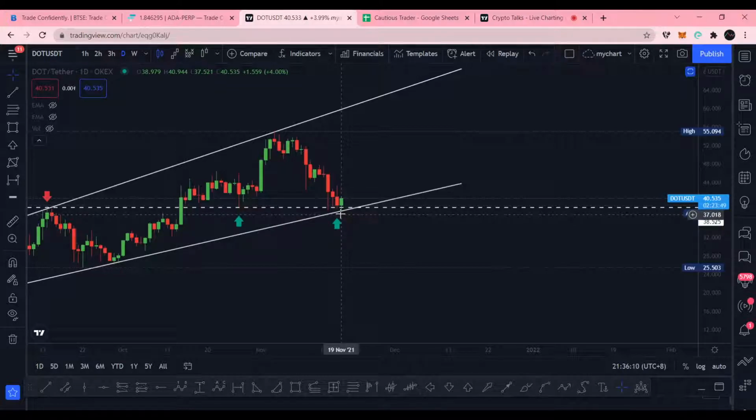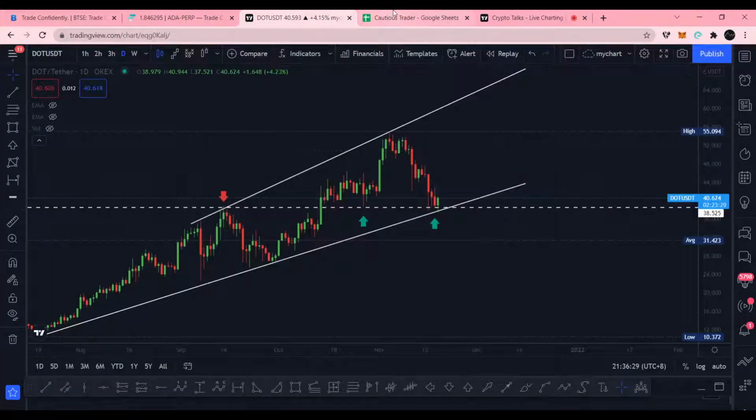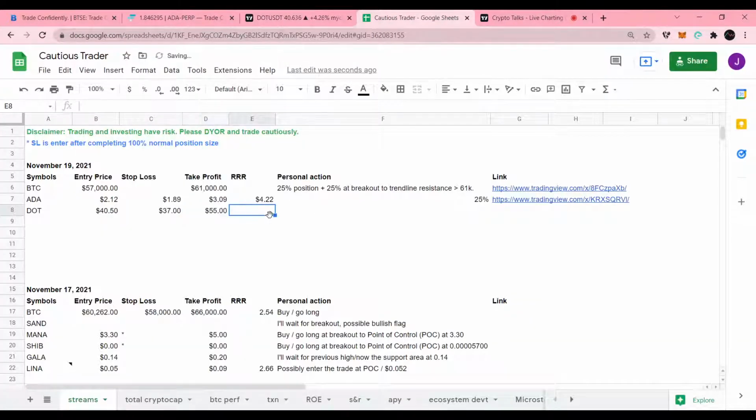The wick here is 37.52, that's the lowest. So I might possibly use 37 as a stop loss if it's 100% already, and then take profit at 55, that's the all-time high. And then if I have gains, you'll always see me adjusting my stop loss, or adjusted SL.